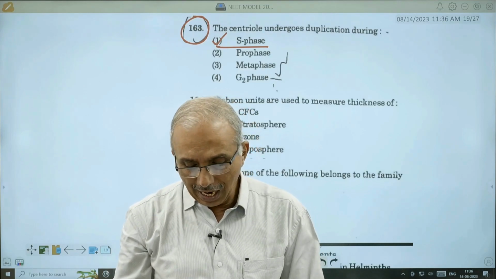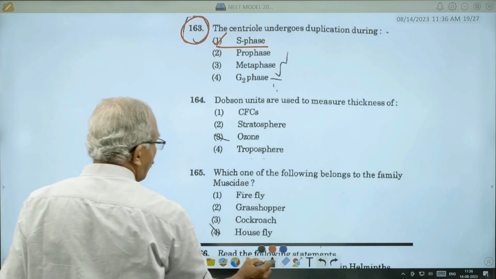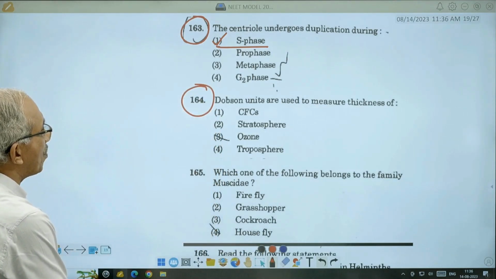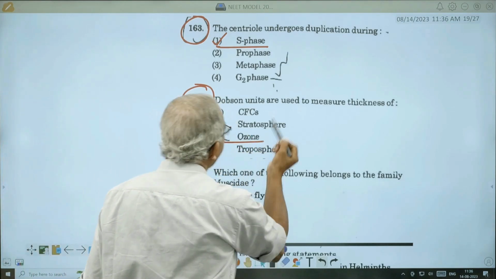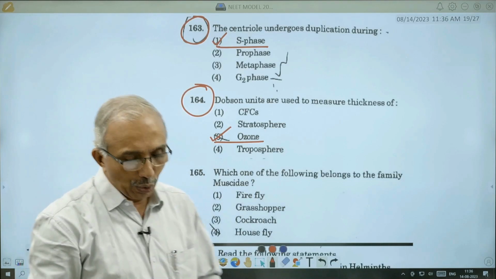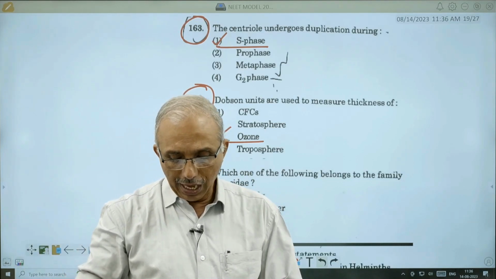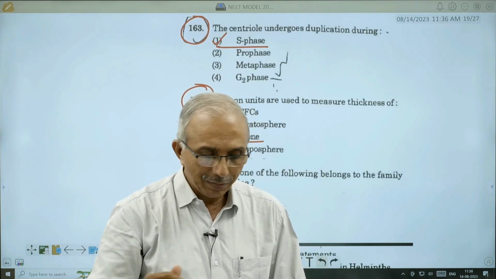Then 164, Dobson unit is used to measure the thickness of the ozone layer.